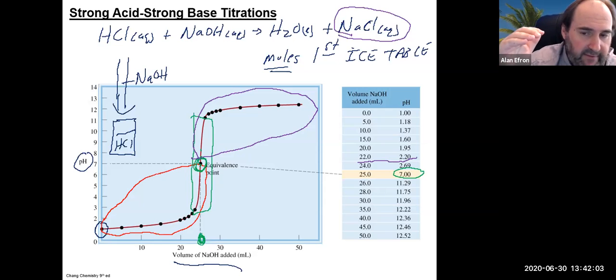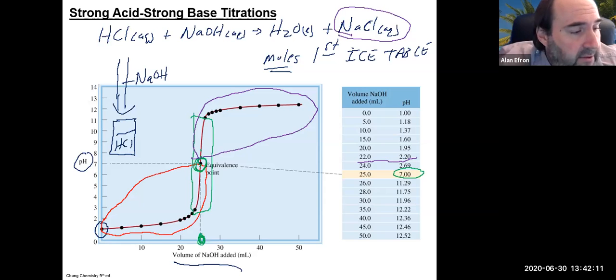And what you need to figure out is the base now becomes the excess reagent, your strong acid is the limiting reagent, and all of the strong acid will get used up. And that means that you will have an excess amount of your strong base left over. And again, after the first ice table in moles, you could convert back to molarity, figure out your new concentration of your strong base, and that will allow you to get to the pOH and then to the pH.